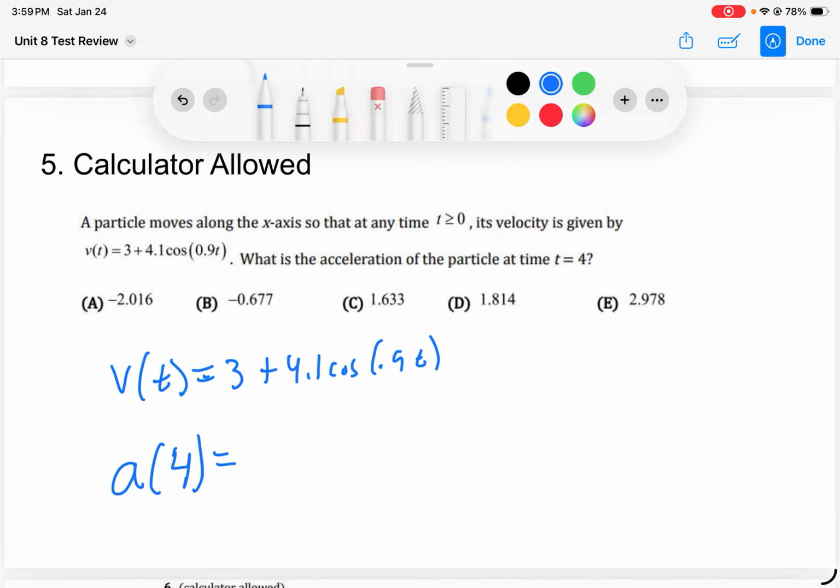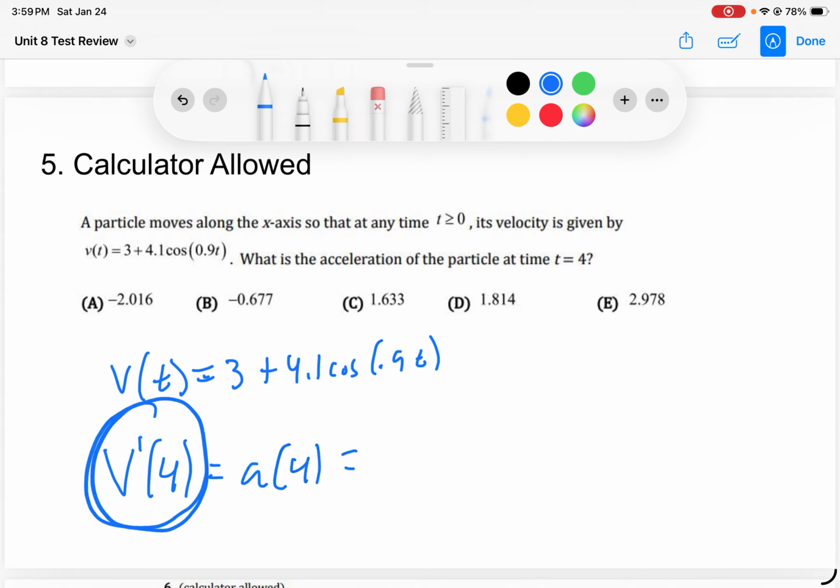It doesn't know what a is. So you have to trick the calculator a little bit. Tell Desmos, I want v prime of 4, which is equal to a of 4. And when you plug this into Desmos, you get 1.6329. So the answer would be C.